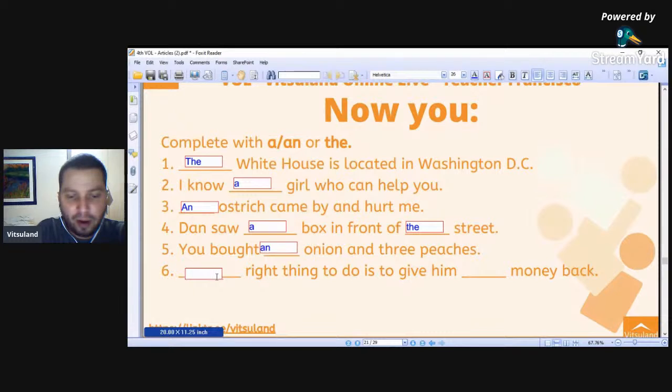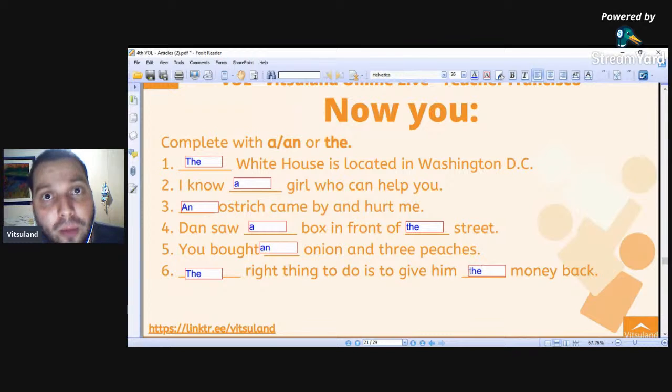So the right thing to do is to give him the money back, because it's specific money as well. It's not any money. Give him the money back. Let's suppose that the person stole from this guy or this girl. So give him the money back. The specific money as well, and the right thing. So a specific right thing. So we use "the" in these cases.